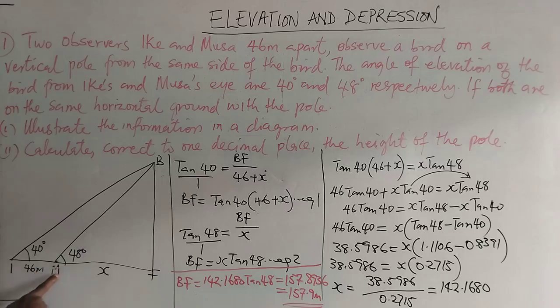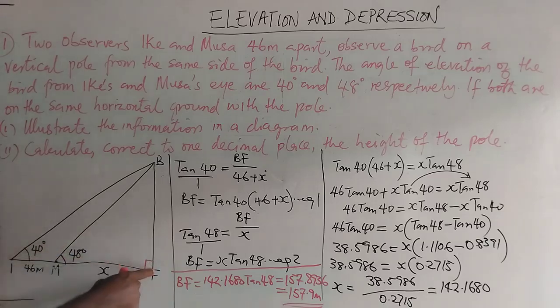So anytime you have this type of situation, the one with the higher or the highest angle will come first. That is, it will be the one closer to the right angle here. So between 40 and 48, 48 degrees is bigger than 40.